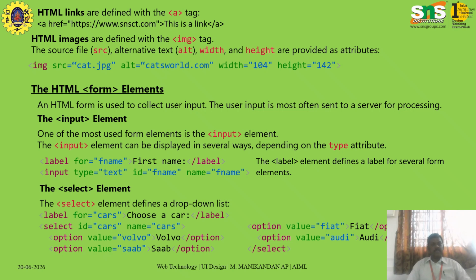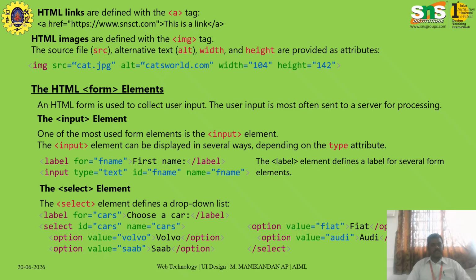We have a label tag, input tag, and so on. The label tag, for example here, displays the first name. The label simply shows the element name.